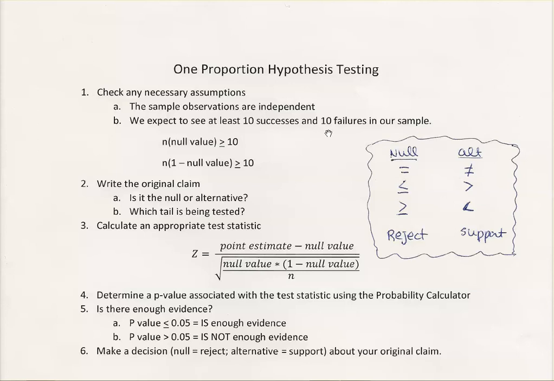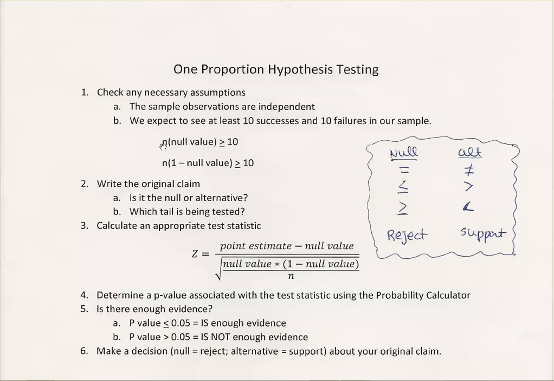So how you check that is right here, these two little formulas, where n is the number in your sample and the null value is what you're testing it against. Now this will be a decimal, not a percent, because the null value is going to be a decimal here.